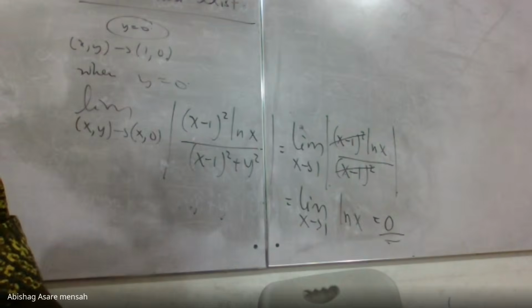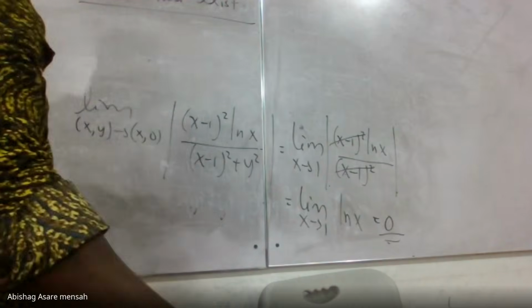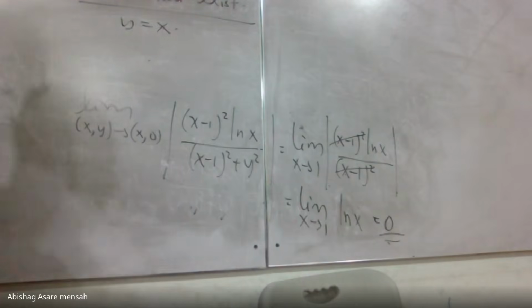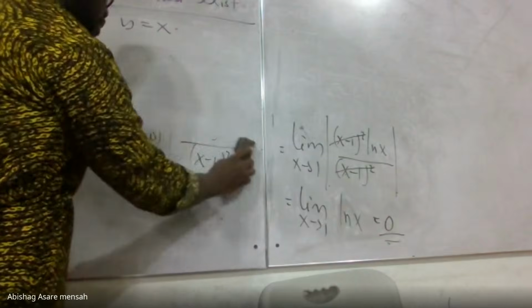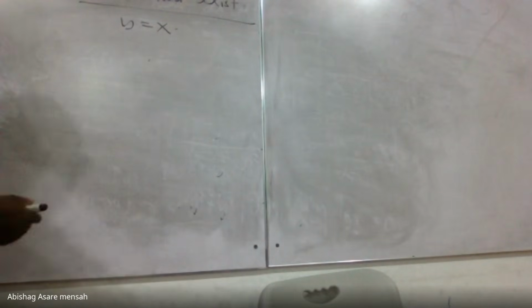So what's the next test? I hope you are following the procedure. The next test is y equals to x. Next test is y equals to x. So when do you set y equals to x?